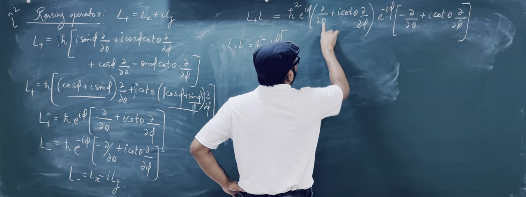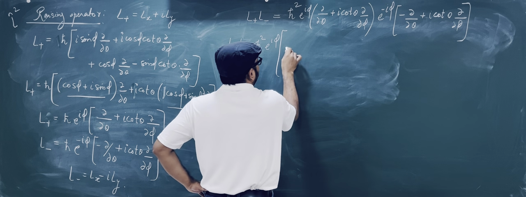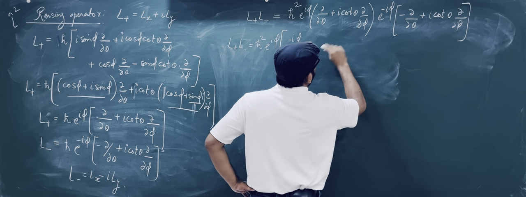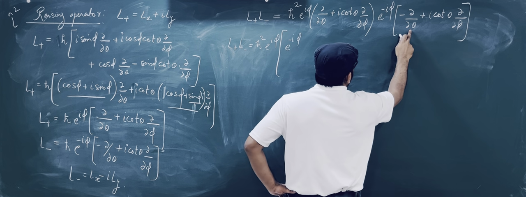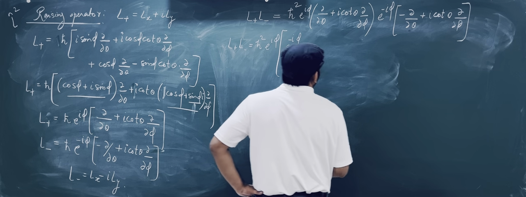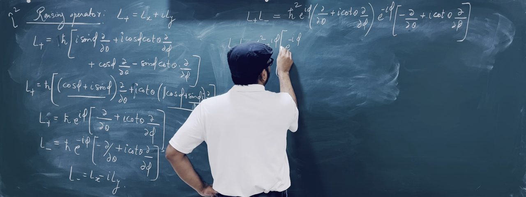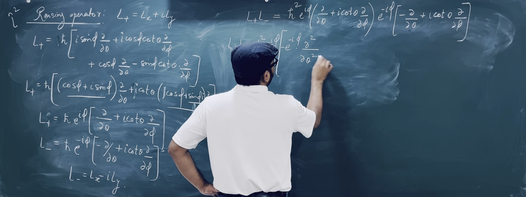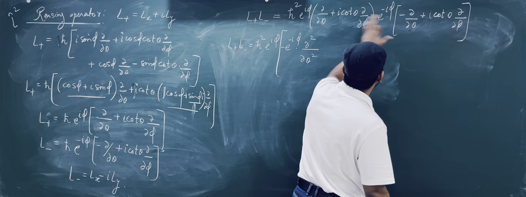So del by del theta, e power minus i phi can be taken out. So e power minus i phi is out, and this will operate on this. So del over del theta minus del over del theta, there will be a minus out here, and it will be del 2 over del theta squared. So this thing is done with this.